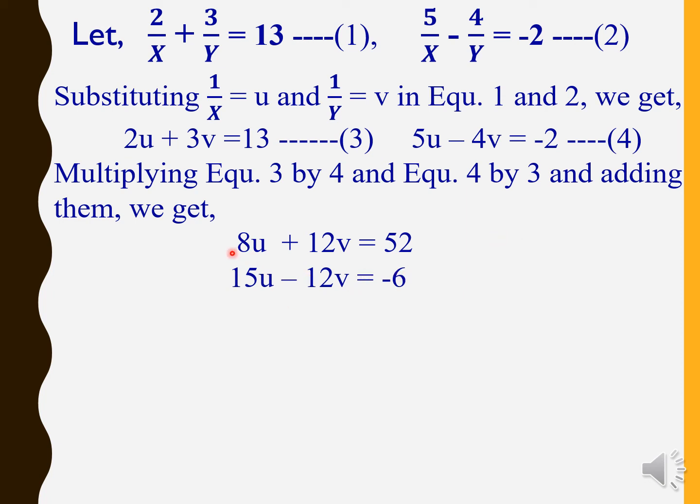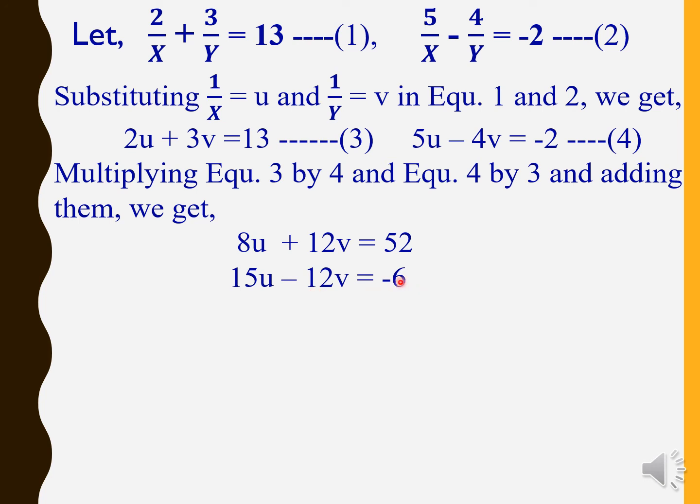Let's multiply, and we get the two equations. Equation 3 multiplied by 4 becomes 8u plus 12v equals 52. If you multiply equation 4 by 3, we get 15u minus 12v equals -6. Now we can see that these two terms are the same, only their signs are opposite.